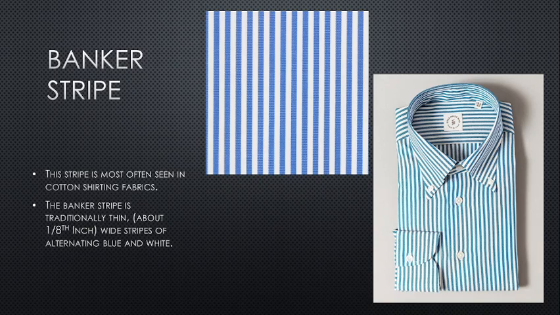This stripe is most often seen in cotton shirting fabrics, especially to make collared button-down shirts. The banker stripe is a traditionally thin, about 1/8 inch wide stripe of alternating blue and white. As the name suggests, this stripe was popular amongst bankers.